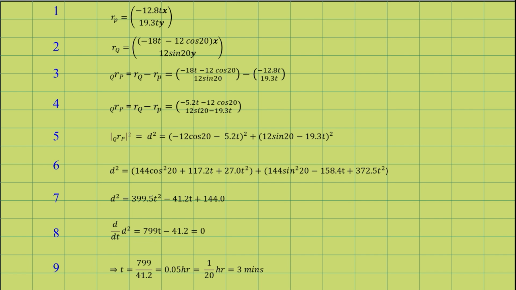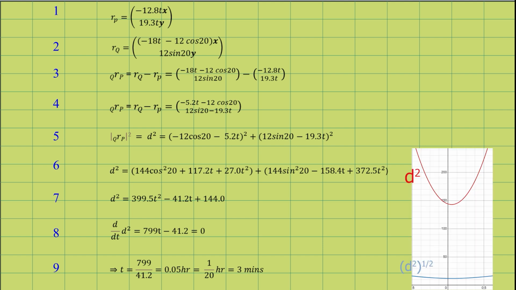And this is our solution. It should be relatively straightforward now. Notice in line 7 we have our distance squared, and that is a parabola, and we wish to find the minimum point of that parabola, and that is just calculus, and I'm assuming you know how to do that.